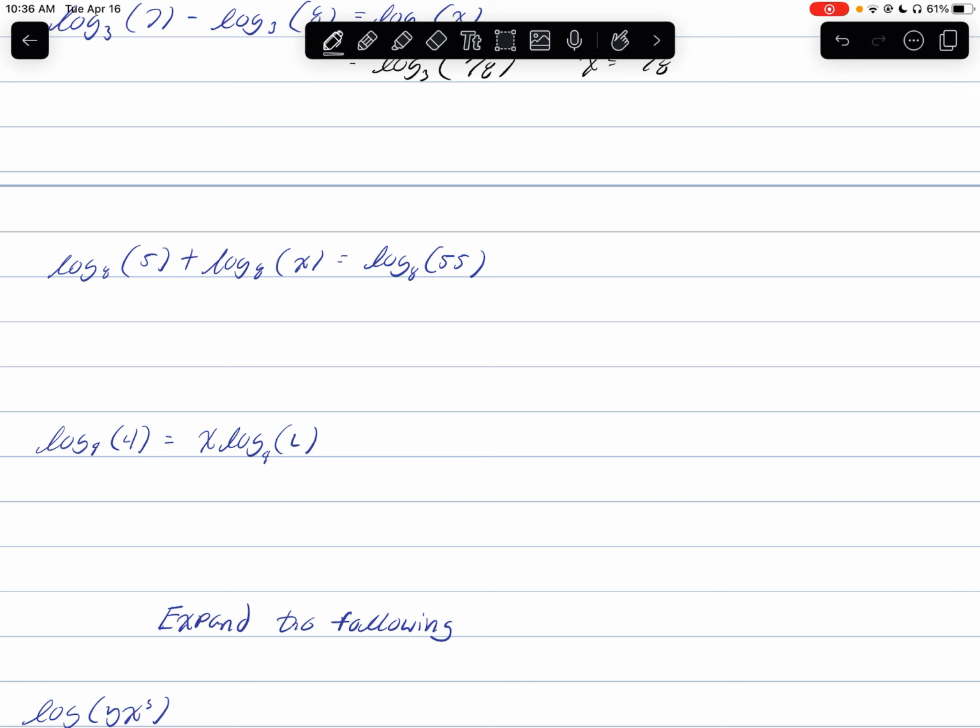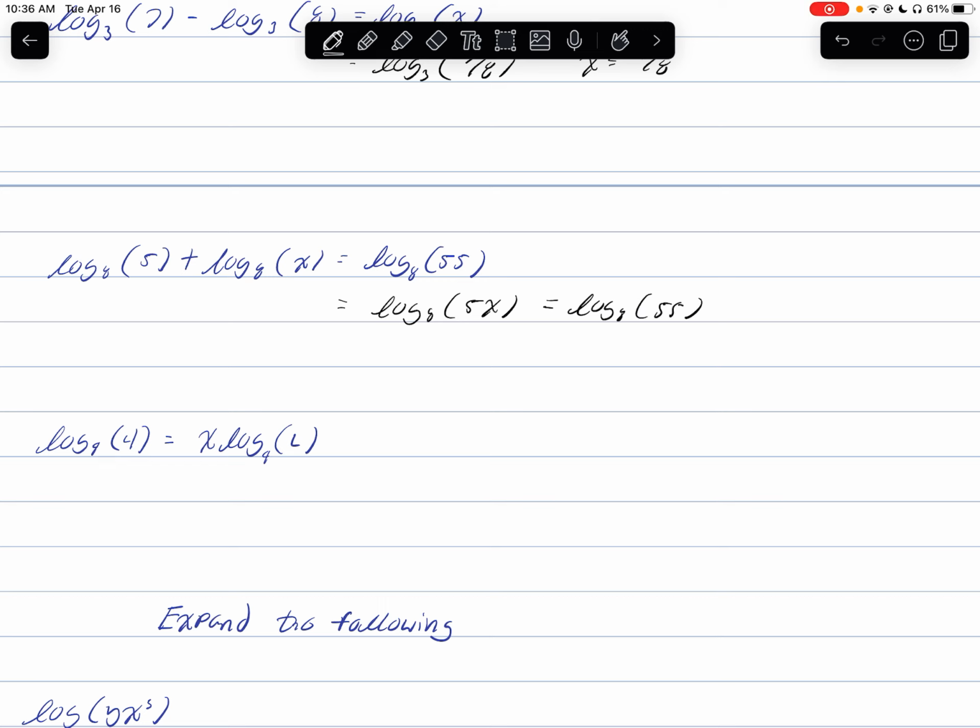How about this one? Here we have log base 8 of 5 plus log base 8 of x is equal to log base 8 of 55. We can rewrite log base 8 of 5 plus log base 8 of x as log base 8 of 5 times x, and this is equal to log base 8 of 55.